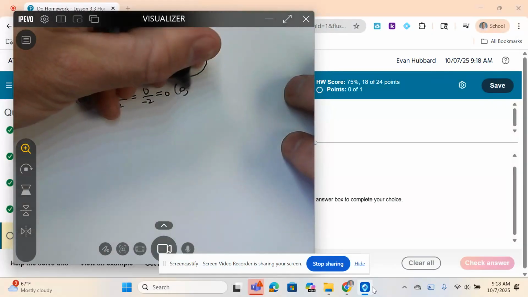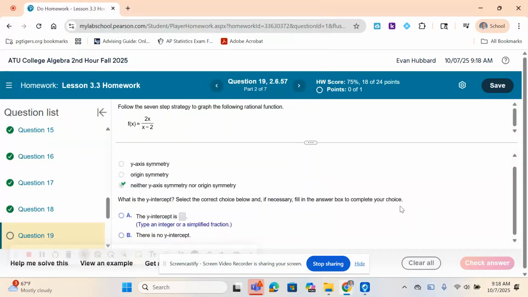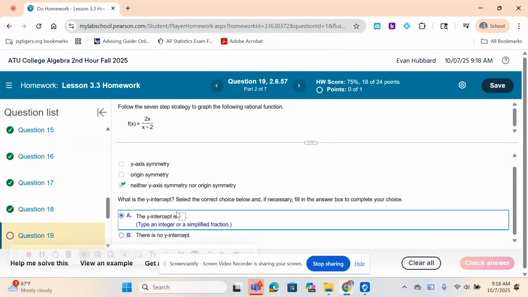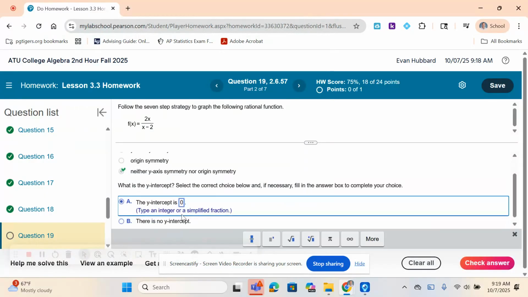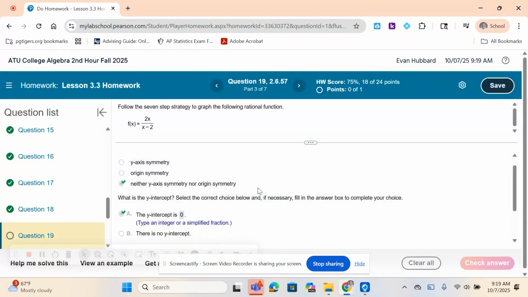So it'd be 0, 0. So the y-intercept is 0. By the way, I could graph this too.